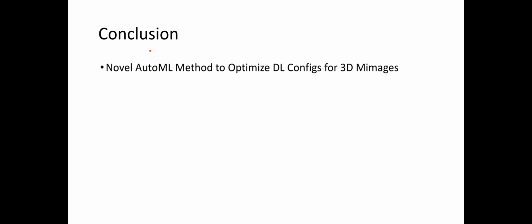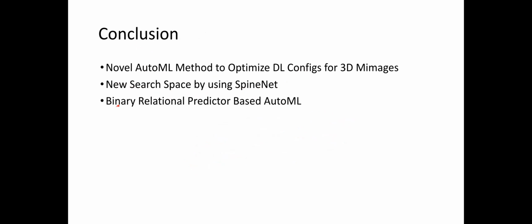Coming to the conclusion, this paper implements a novel transformer-based automated machine learning method so that it can optimize every parameter in the deep learning network. They are also taking inspiration from SpineNet, which is based on natural images. Finally, this binary relation prediction is something new.